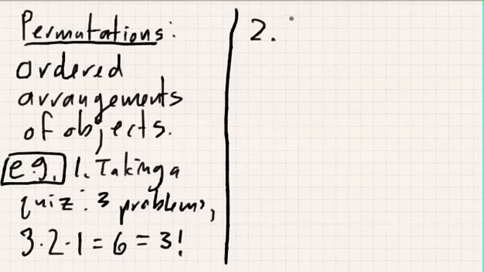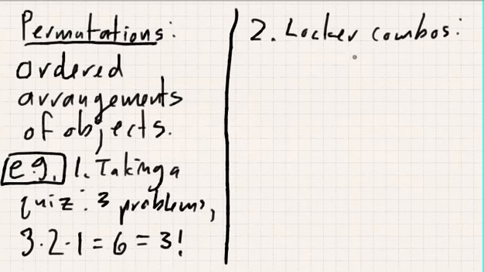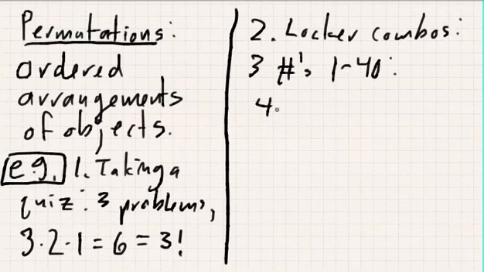The second example was, again, locker or lock combinations. And here we're choosing 3 numbers, from 1 to 40. We saw that the possibilities here were 40 times 39 times 38. Now, I could notice that this is almost a factorial, but what it's missing is 37, 36, 35.